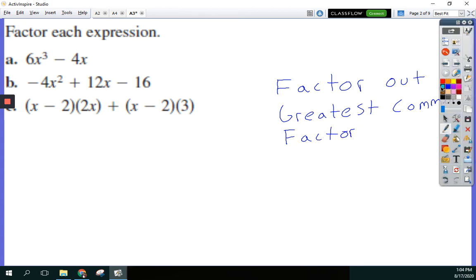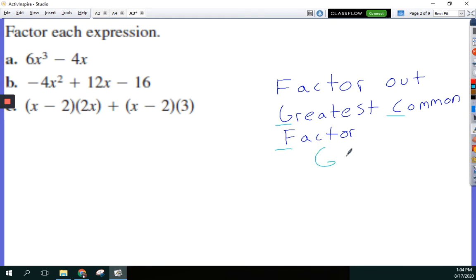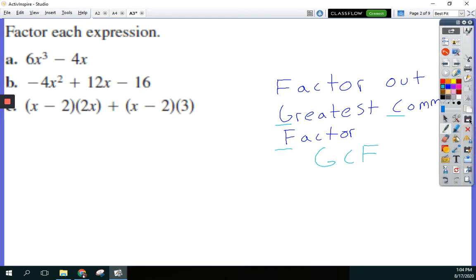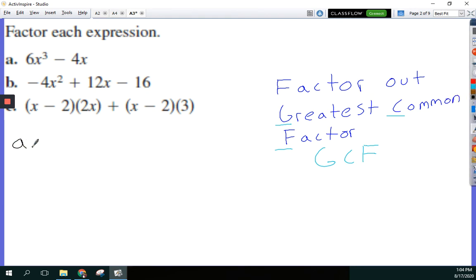This is also called our GCF. Now, factoring out our greatest common factor allows us to simplify our expressions before we simplify them any further, or in some cases, factoring out our GCF is our only form of factoring.